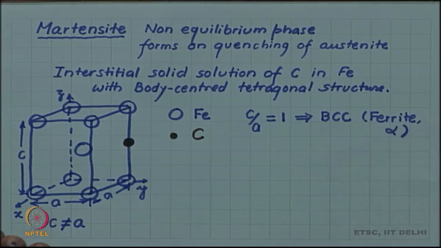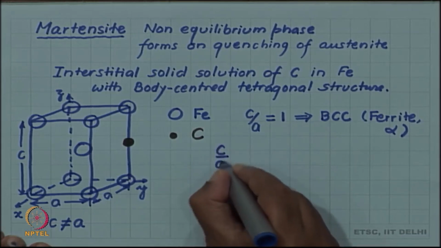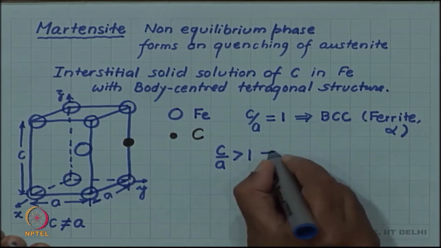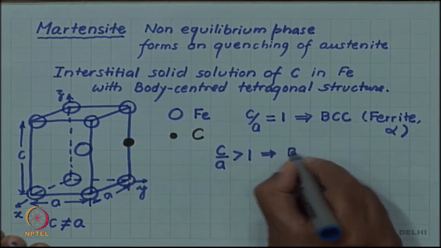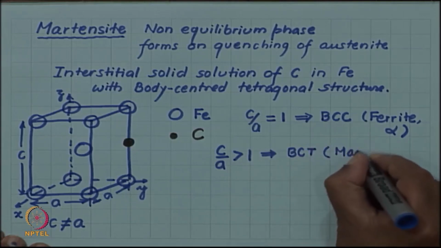You use the symbol alpha for ferrite, but if c by a is greater than 1, then it is body centered tetragonal, and that is what is our martensite.